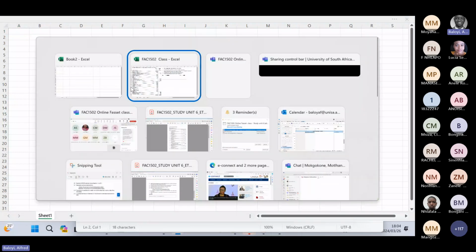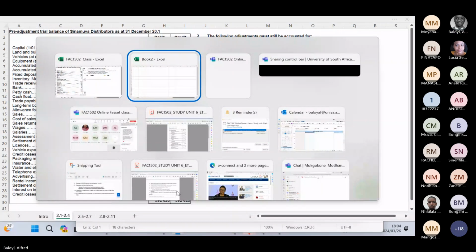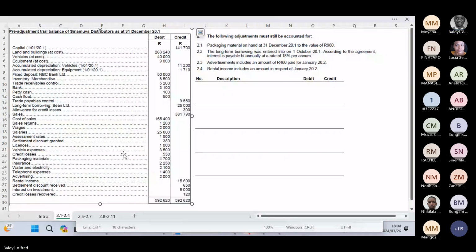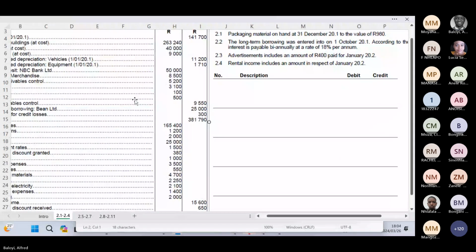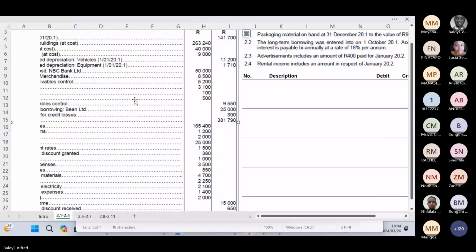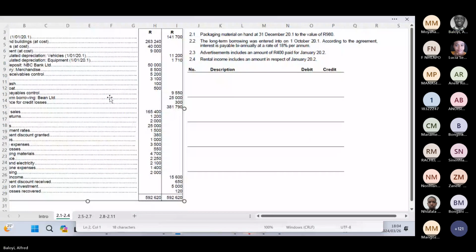Okay, we have a trial balance here. I can increase it like this. It seems not to be well. Oh, let me just go to the original question.